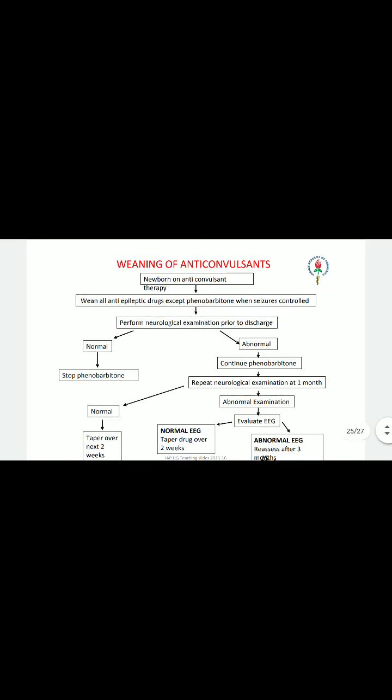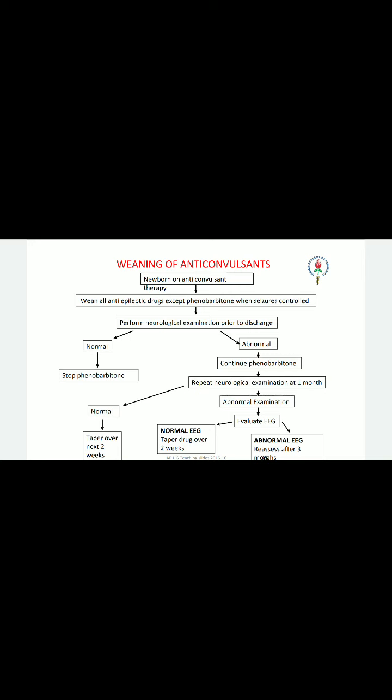So once the seizures are controlled, how do we wean off these anticonvulsants? Wean all the anti-epileptic drugs except phenobarbital when seizures are controlled.